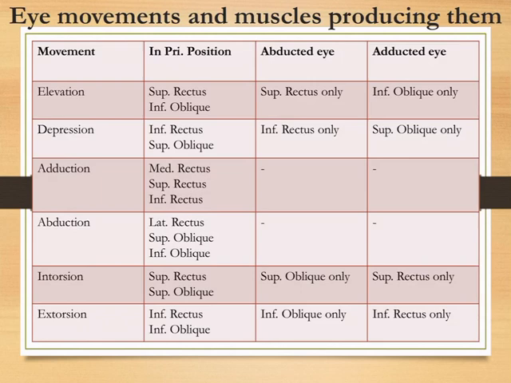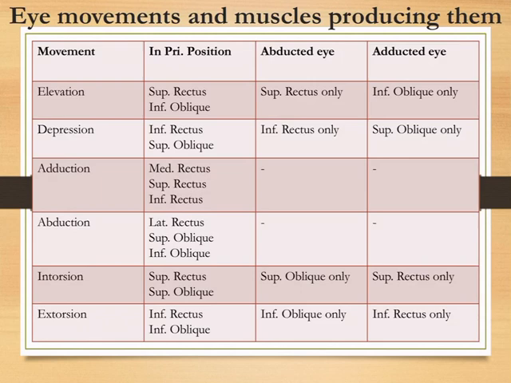Do you understand that? The superior rectus has a tendency to adduct, and that will be neutralized by the tendency of the inferior oblique to abduct, and both of them are elevators, so they will cause pure elevation.